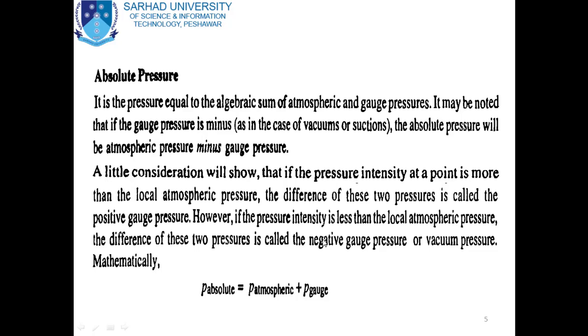Also, if the pressure intensity at a point is more than the local atmospheric pressure, then the difference of these two pressures is called positive gauge pressure, while if the pressure intensity is less than the local atmospheric pressure, then the difference of these two pressures is called negative gauge pressure or vacuum pressure.